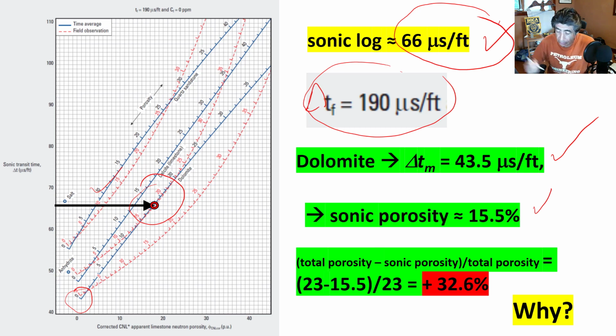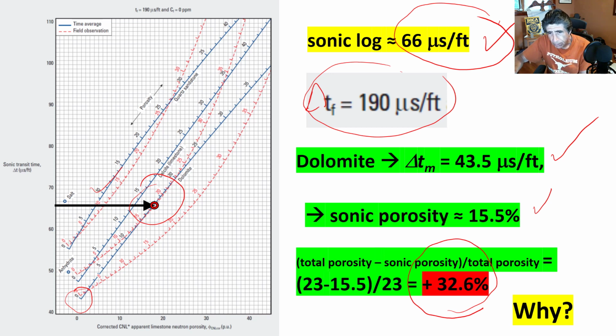In fact, if you calculate the difference, you're going to see that the difference in porosity is about 32%. So the total porosity is 32% higher than the sonic porosity, or it could be minus 32% if you calculate it the other way.